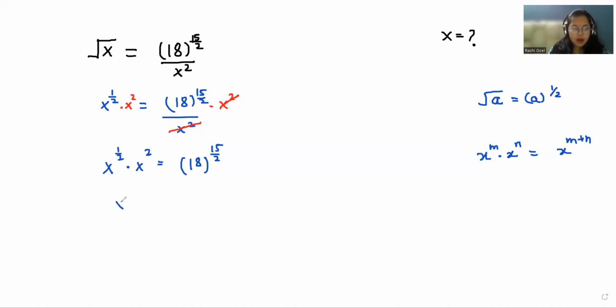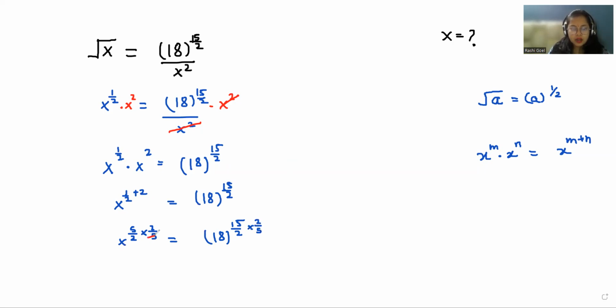Similarly, x power 1 by 2 plus 2 is equal to 18 power 15 by 2. So if we take the LCM, it gives us x power 5 by 2 is equal to 18 power 15 by 2. Now I am going to multiply with 2 by 5 power on both sides.